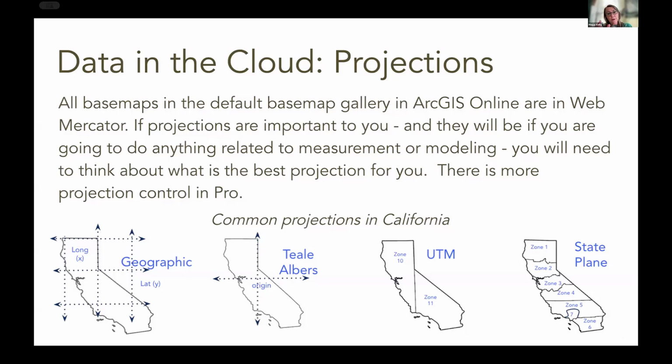Or if we're doing a study area that's smaller than that, we use Universal Transverse Mercator or UTM. There's 2 zones in California. A lot of municipalities or counties use state plane as their projection, which has even smaller zones. So the point is, don't assume projections are sort of taken care of. Just pay a little bit of attention to this if you are going to be doing analysis on your data.